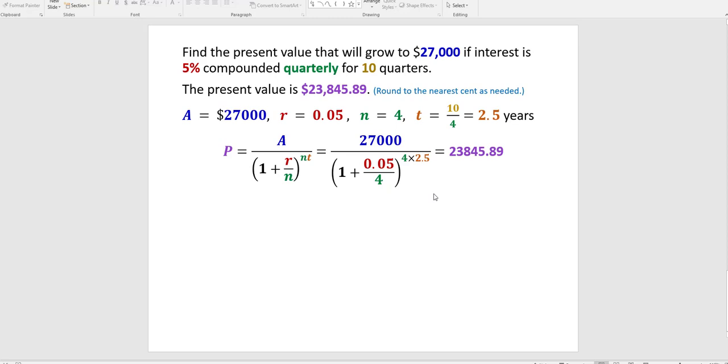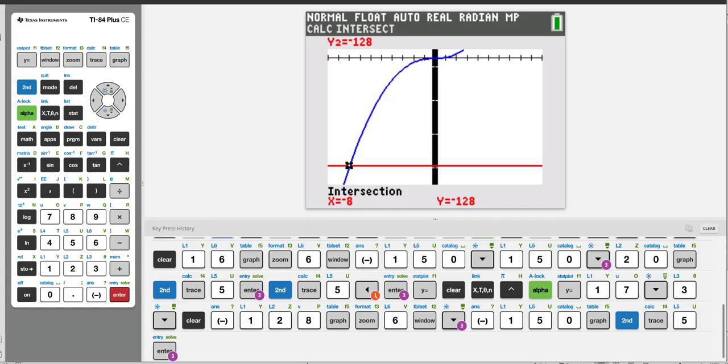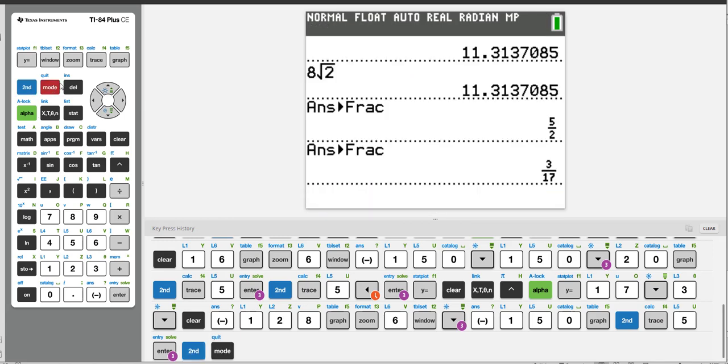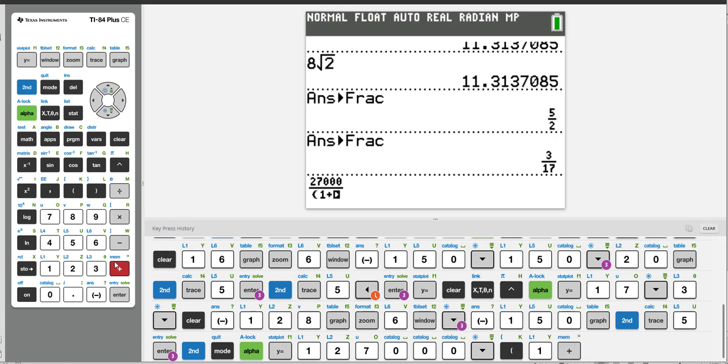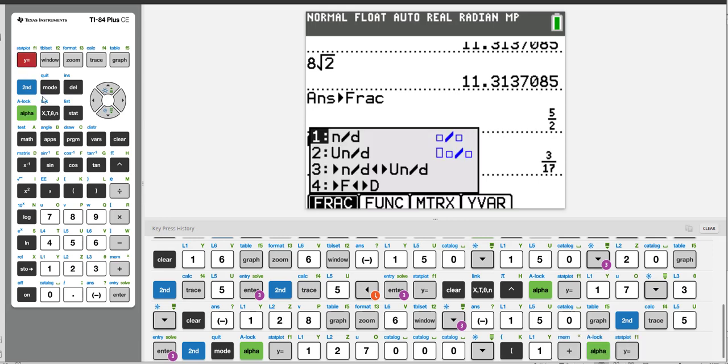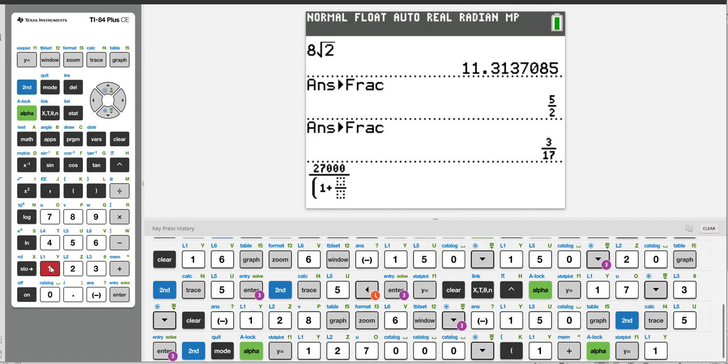Now let's solve this using the TI-84 calculator. Press second quit to get out of the screen. Press alpha y equals number 1. Type in 27,000 and press the down arrow. Press open parentheses 1 plus. Press alpha y equals number 1. Type in 0.05 and press the down arrow.